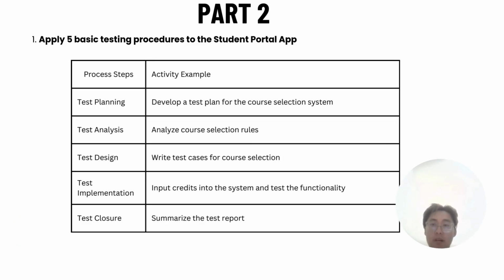For part 2, a basic testing project for the student project app. For test planning and development, a test plan for the course registration system: test analysis of course registration rules, and test design of test cases for the course registration. The test implementation inputs credits into the system, then test execution and test closure.